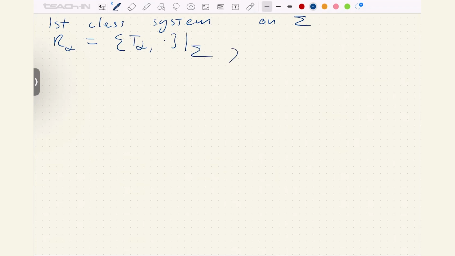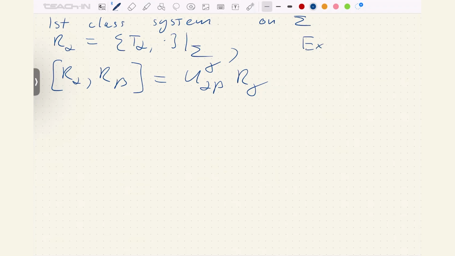Then from the first class condition, we know that the commutator [R_alpha, R_beta] is again proportional to, for some functions U, R_gamma, right? Well, maybe let's leave it as an exercise.